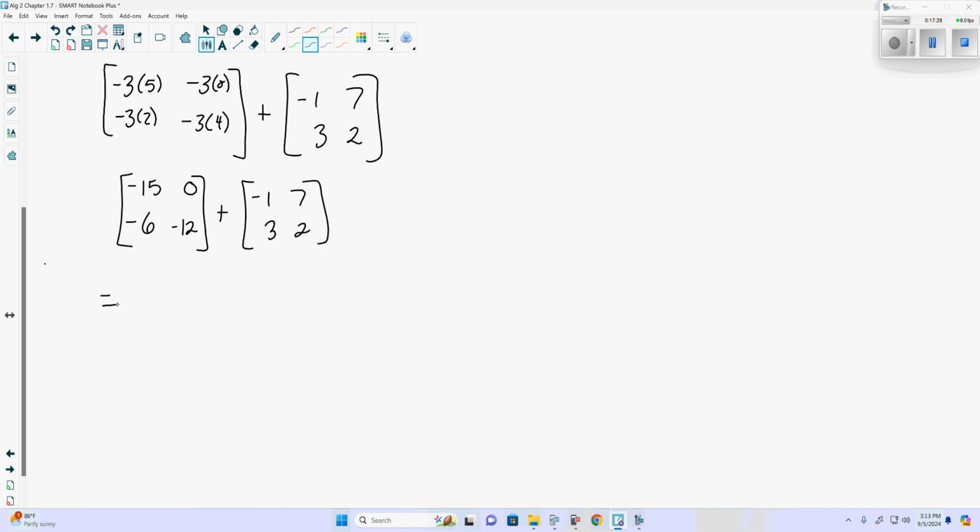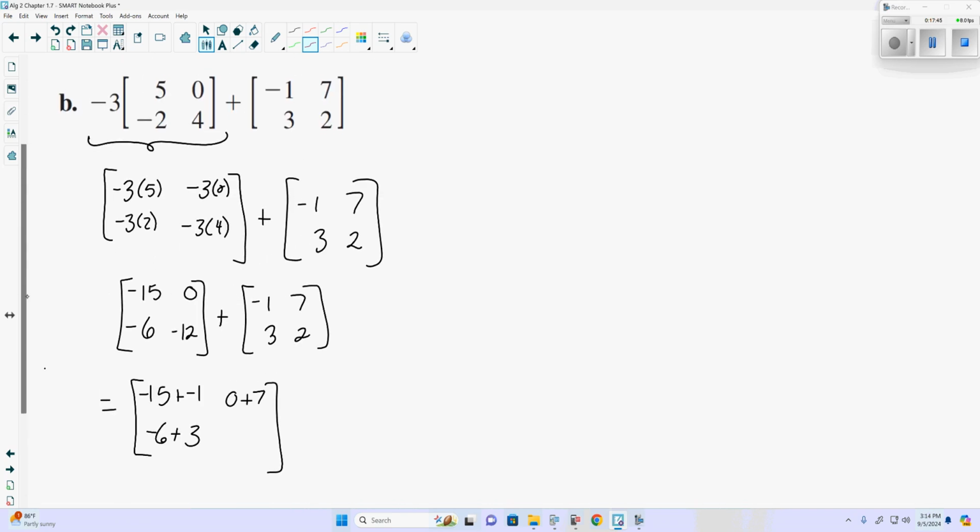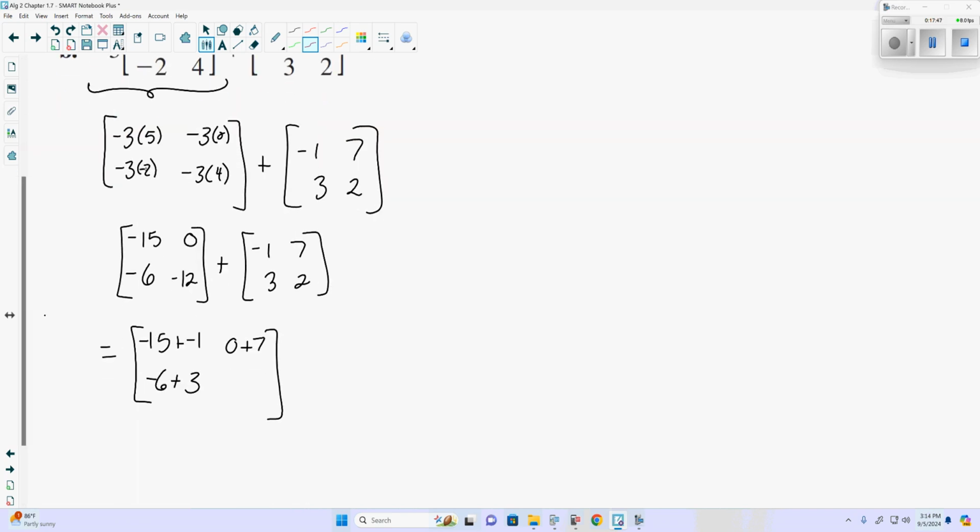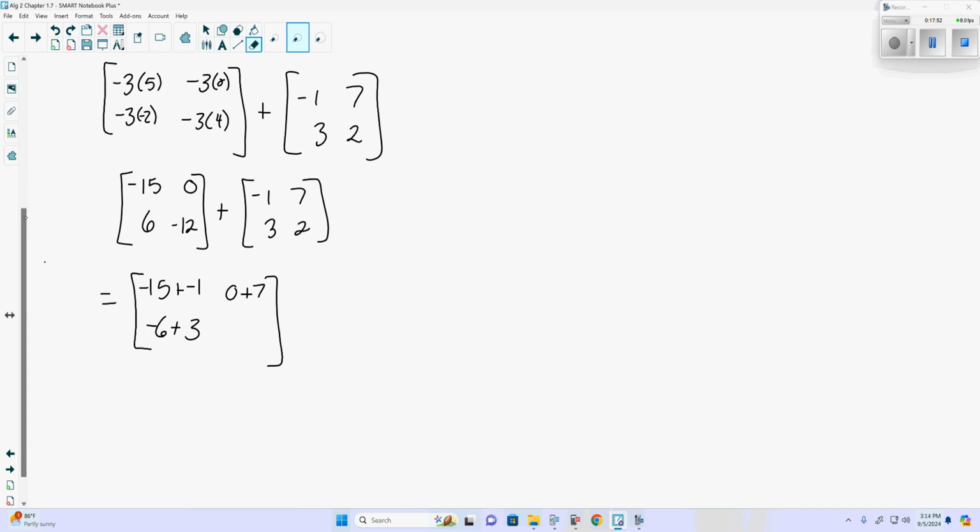And we're going to add to it. So our first one's going to be negative 15 plus 1, and then we'd have 0 plus 7, so we'd have negative 6 plus 3. Oh, this should have been negative 2, which would have made that positive 6. So it should have been positive 6 because negative 3 and negative 2.